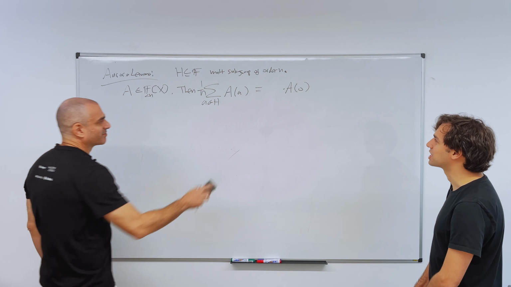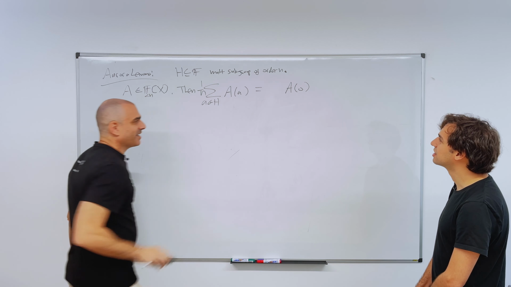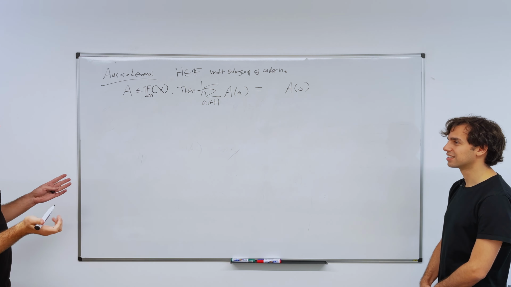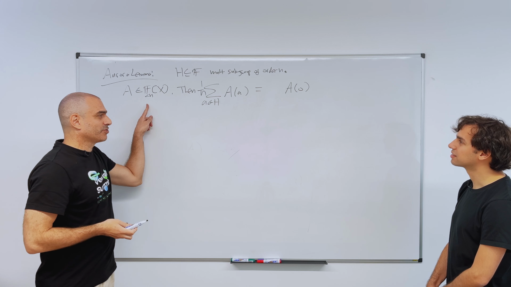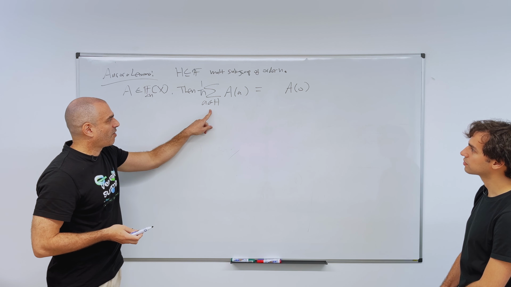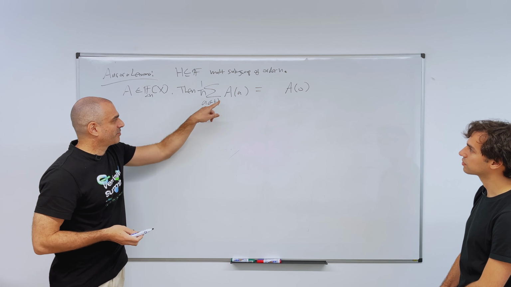Okay, this looks very mysterious. Yeah, this looks very magical. Assuming A is of degree smaller than n, we can get the sum of its values on the subgroup simply by looking at A(0).